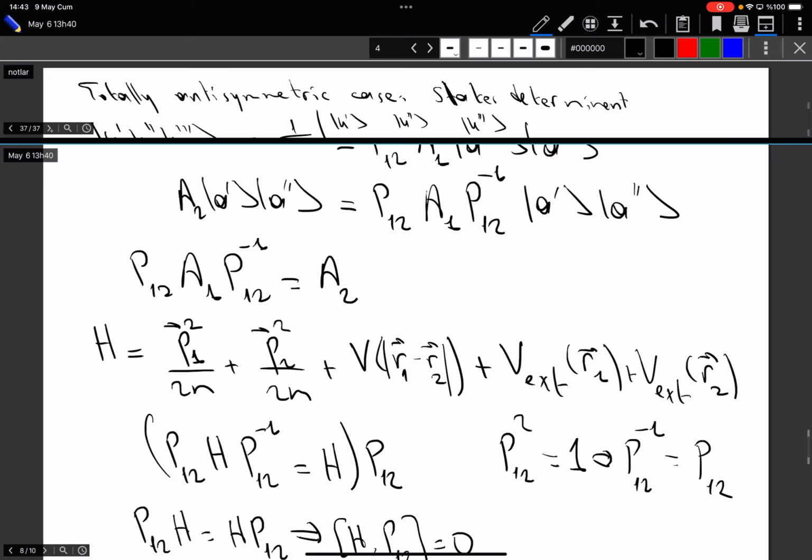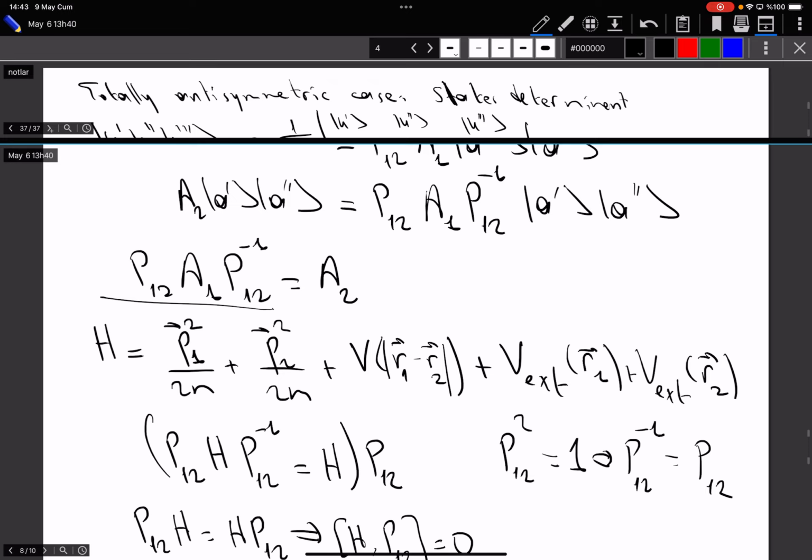Now the exchange operator, you can define it as if it's acting on the states, or as if it is acting on the operators. When it acts on the operators, if you have, let's say, the momentum operator of the first particle, and you act on it with this exchange operator, this is the action of operators on other operators.